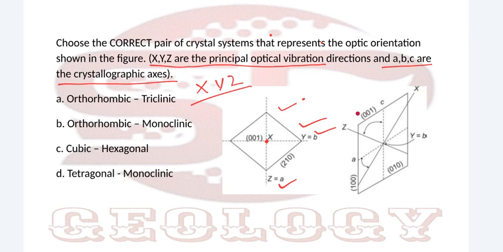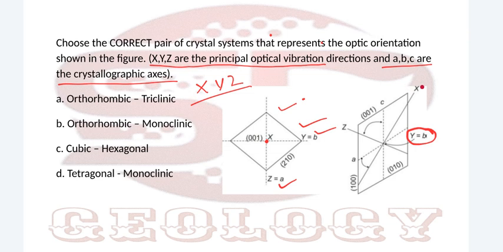Then the next one, in the monoclinic system, only one crystallographic axis will coincide with any of the indicatrix axes. Here the B crystallographic axis is coinciding with Y, and all others are not coinciding.